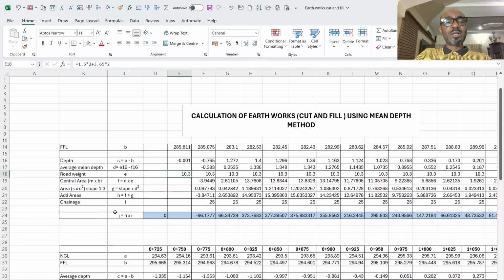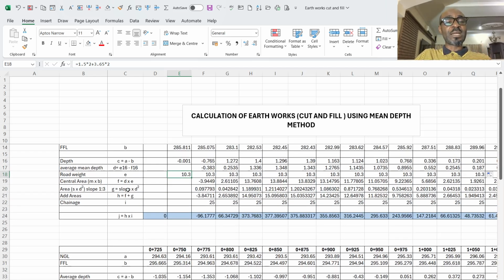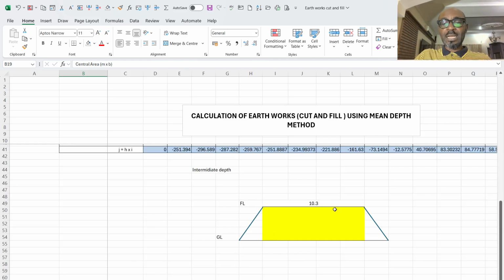Then, like I told us, now I want to calculate the central area of the cross section, which I am also using to give us an idea if the detailed drawings were too bogged up with a lot of information that we cannot understand.